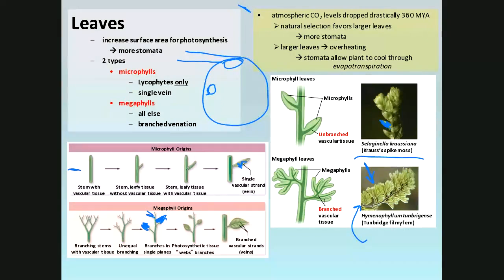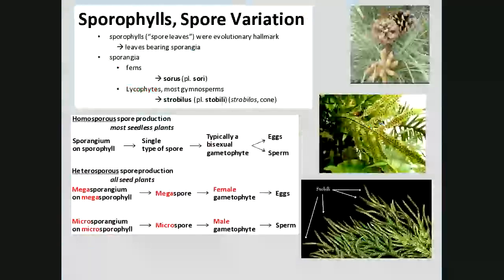So we got the leaves, we got the roots. How about this? How about what we started doing to spores? Okay, now, a sporophyll, phyll means leaf. A sporophyll is a leaf that produces spores, okay? Now, in the mosses and the liverworts, we didn't have leaves. We had a thallus, but it wasn't really a leaf.